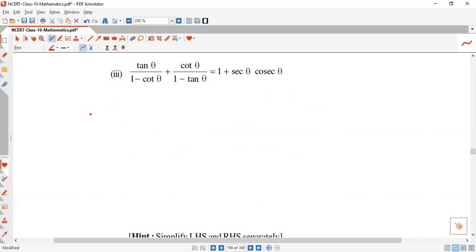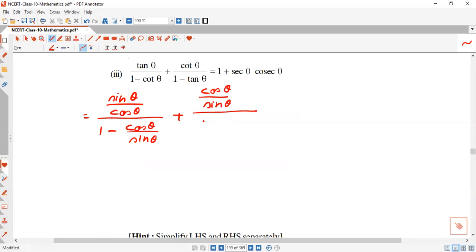So it becomes sine theta upon cos theta upon 1 minus cos theta upon sine theta, plus cos theta upon sine theta divided by 1 minus sine theta upon cos theta.